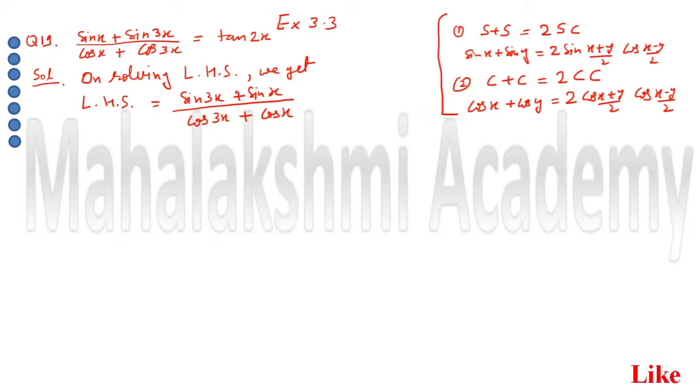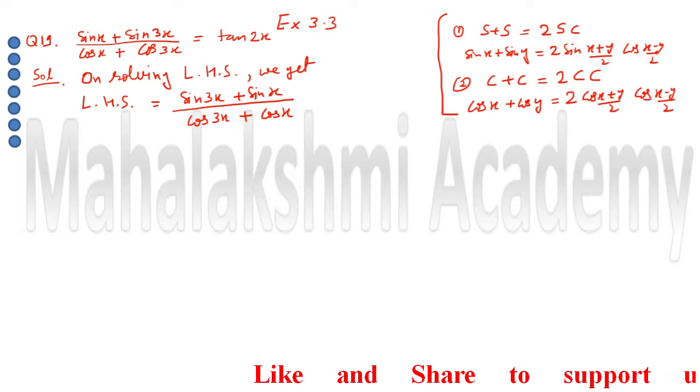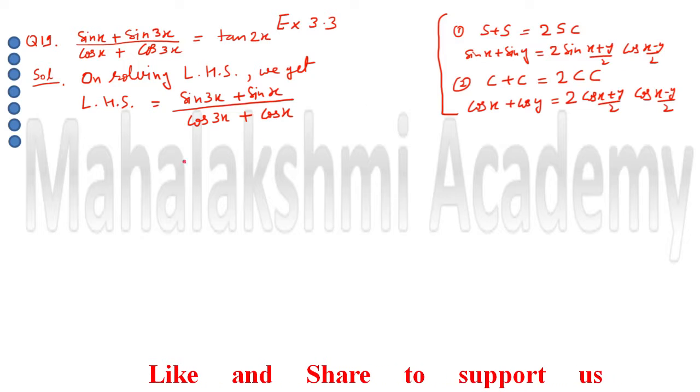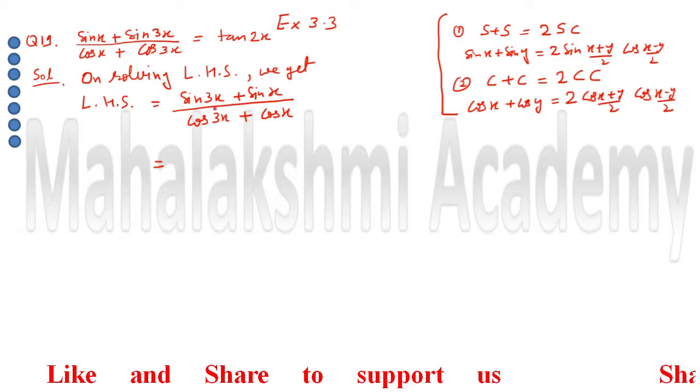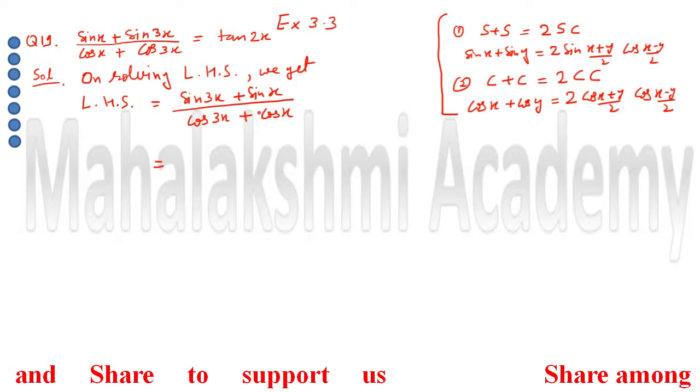Now here in the numerator I am going to use this formula. So here what we have to do: 2 with sin of the sum of angles divided by 2, then cos of the difference of angles divided by 2. Here the angles are 3x and x.